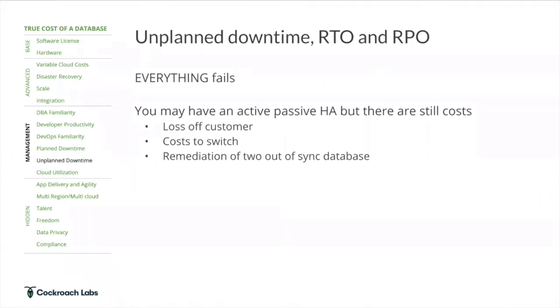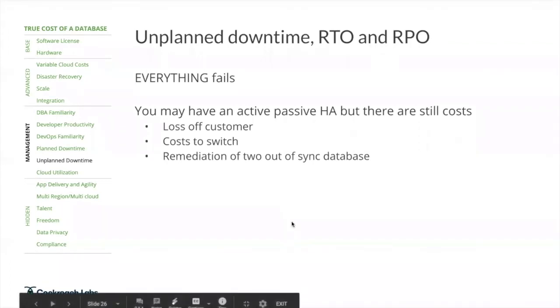Now I have customers who are upset because I lost that minute of data. But even when I bring up that passive system while I'm fixing the old one, the new one is running, and so they get out of sync. So for maybe 4 or 5 hours, how do I remediate the differences between these two systems? Think about the amount of transactions going through a system and how much time that takes. So the remediation of 2 out of sync versions of the database is really not to be laughed at. That is a considerable cost, and typically manual, very difficult to deal with.